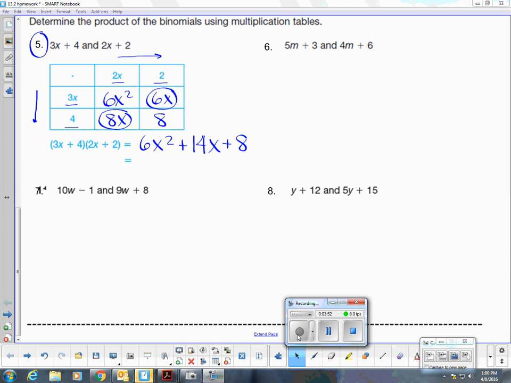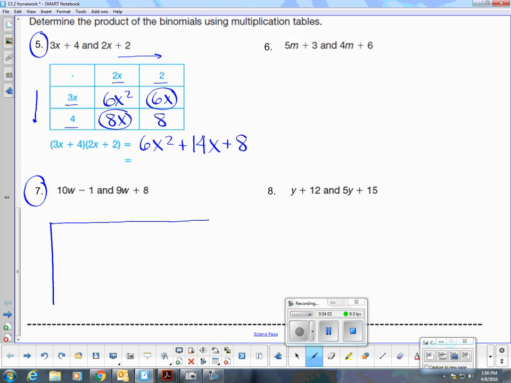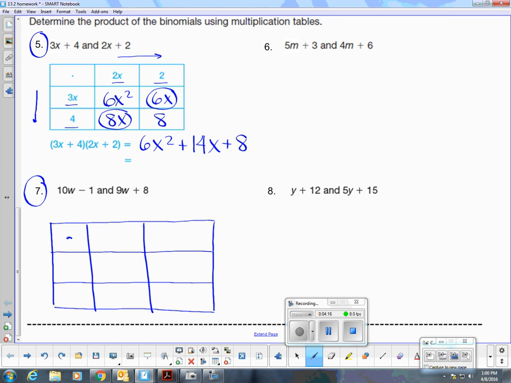Let's try number 7. My first binomial, 10w minus 1.